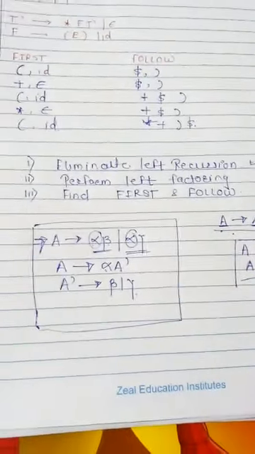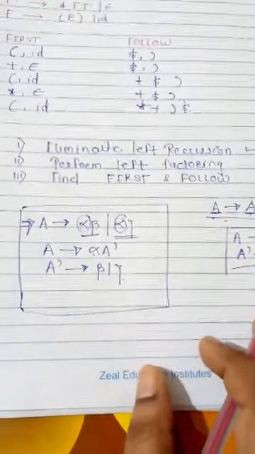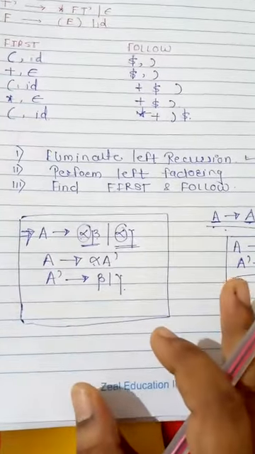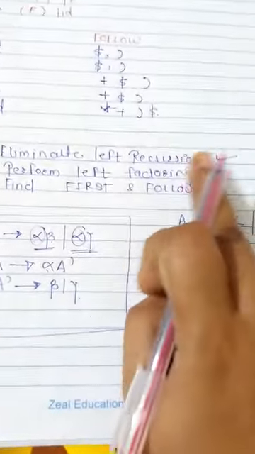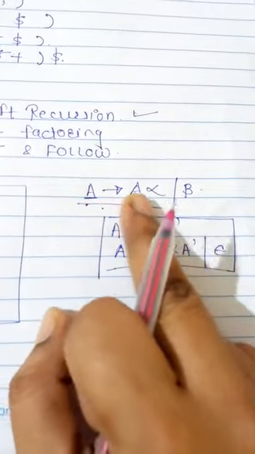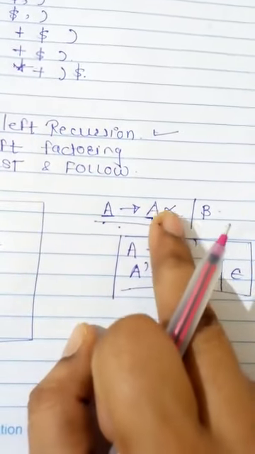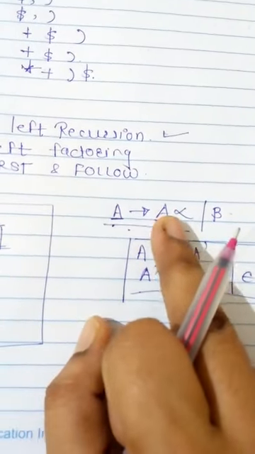But in how to construct a predictive parser, we require these steps, so you have to remember them whenever the question is to solve this example using a predictive parser. First step is eliminate the left recursion. How will you eliminate it? If a production rule is in the form of A gives you A alpha, meaning if the left hand side non-terminal is available as the first variable on the right hand side, then it is a left recursion.